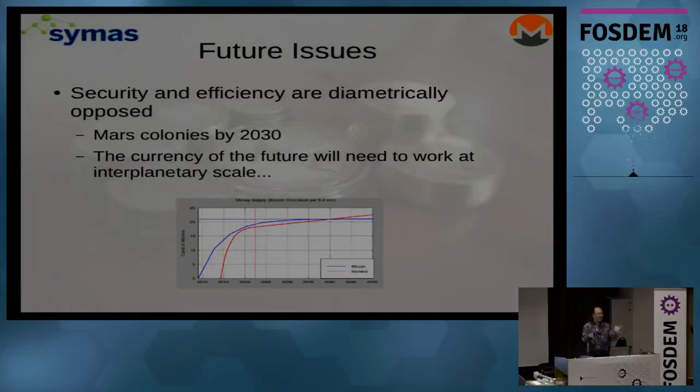The Bitcoin block time of 10 minutes is fine, but it can take 15 minutes for a radio signal to get from Earth to Mars. That means if you're sending blocks across interplanetary space, your blockchain will always be out of sync. It'll never converge, all right?